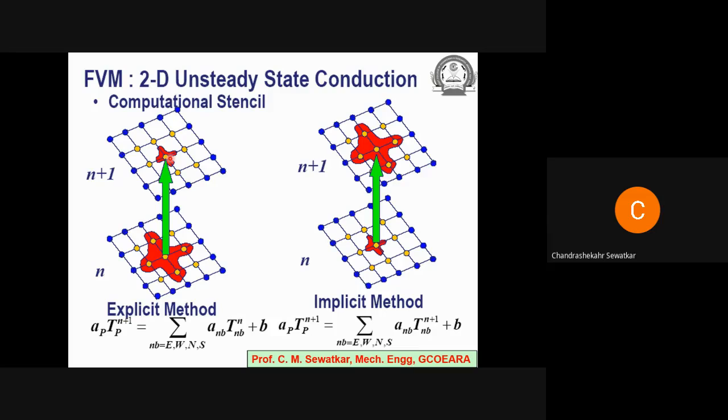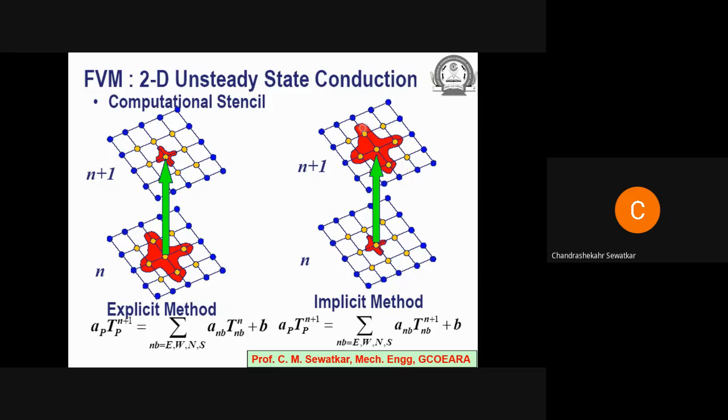In the implicit method, what do we do? If I want to find out the temperature at this point, I write down the equation in terms of the neighboring cell centers at the same level, that is the n plus 1 level itself. And I use the information of the cell center under consideration from the previous time instant. That's the only information we use from the previous time.